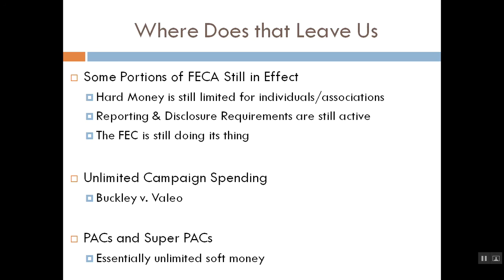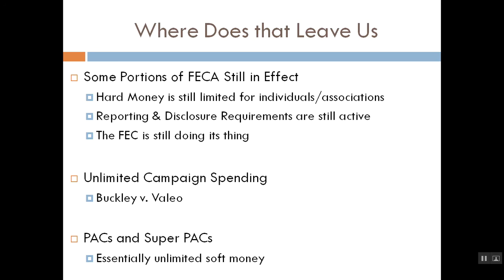After Buckley versus Valeo, PACs became quite common. But what we're going to discover is that because they spend hard money, and because limitations on hard money apply under the FECA to both individuals and associations of individuals, such as the PAC, there are a great number of stringent rules and regulations limiting the amount of money that a PAC can spend, how, when, and where.